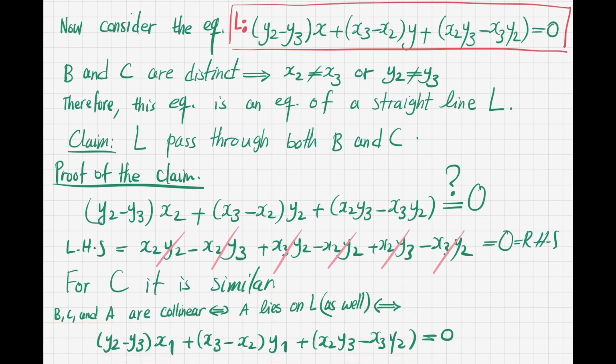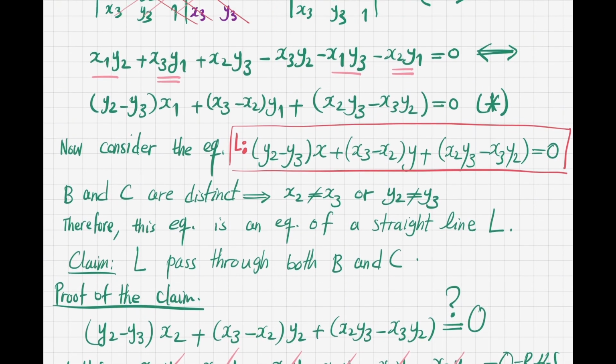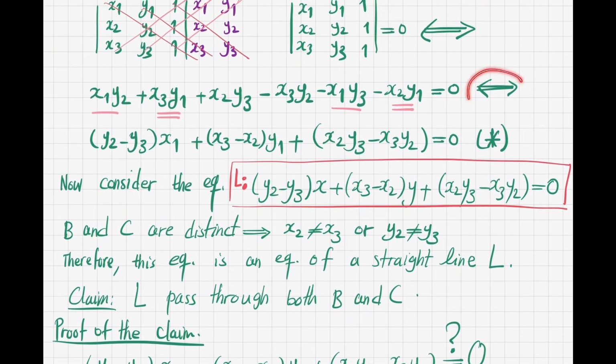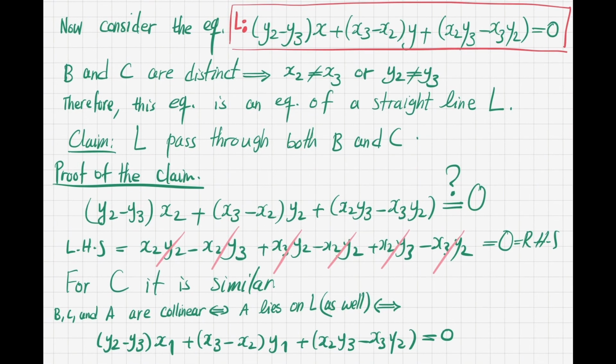But look, this is exactly this star equation, and this star equation is itself equivalent to this one. So I would say that instead of this last one, I can write if and only if this determinant of x1, x2, x3, y1, y2, y3, 1, 1, 1 is equal to 0.